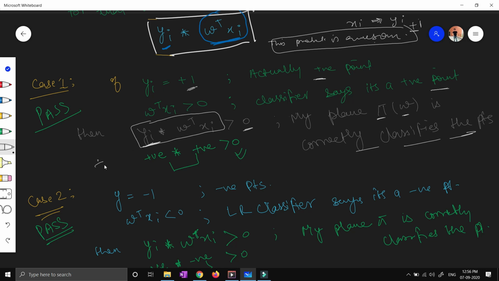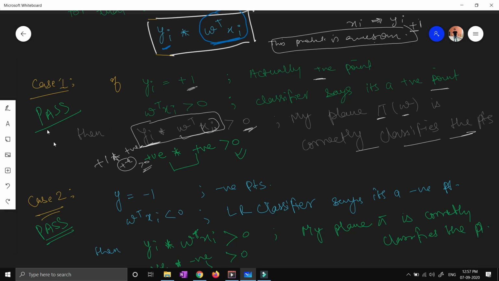And our logistic regression says that w transpose xi is greater than 0, because this xi is pointing towards w, like we have seen in the 6th step. So positive 1 into some positive value will always be a positive number, greater than 0. So yi into w transpose xi is always greater than 0, which means we are passing the test.